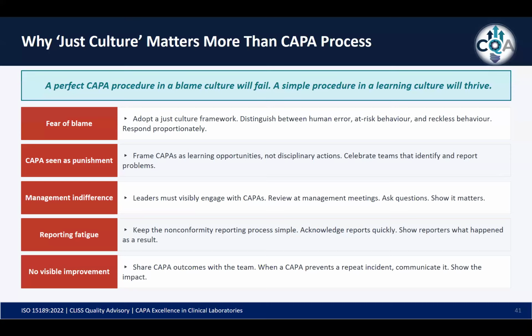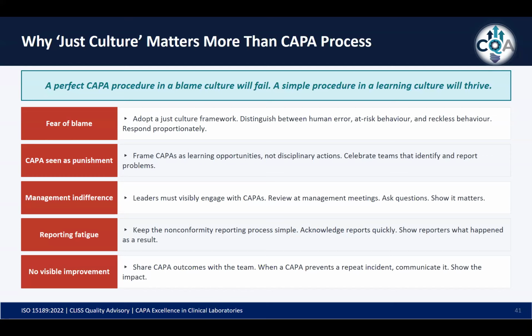Reporting fatigue. Keep the non-conformity reporting process simple, despite the fact that we talked about so many things, but make it simple. Make it something enjoyable for the team, because these are people who are handling too many things in the lab. They don't want to be seen writing a lot of things, but make it enjoyable. Okay? And then also come back to them and say, the NC that you reported on such and such a day, this is what we've done and this is how far we've gone.